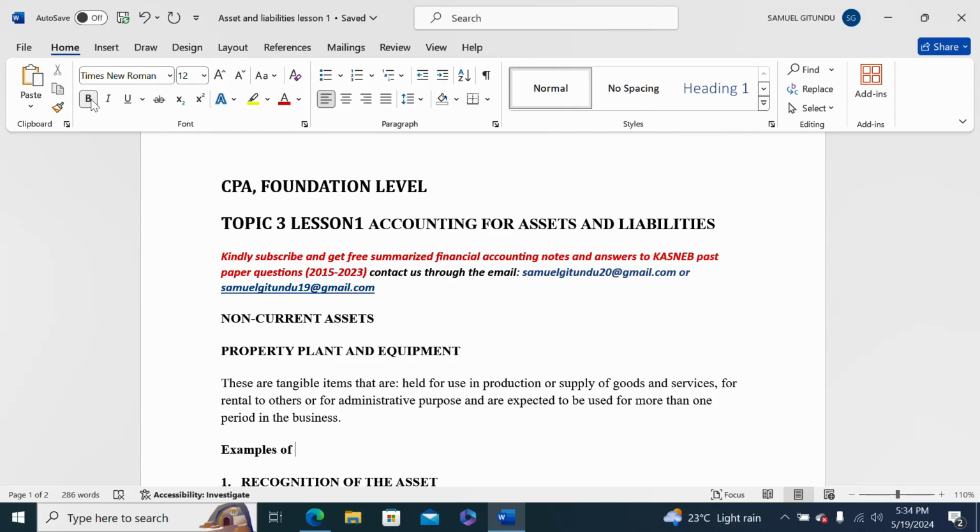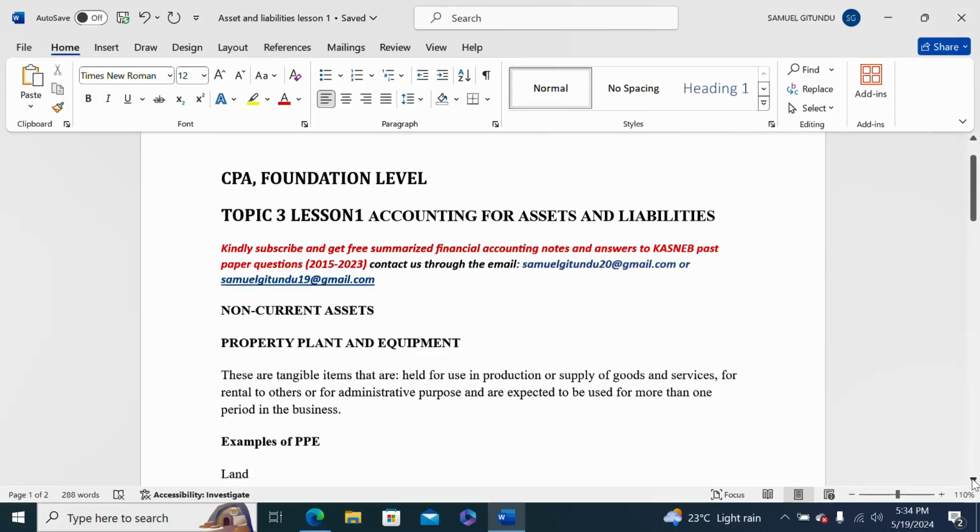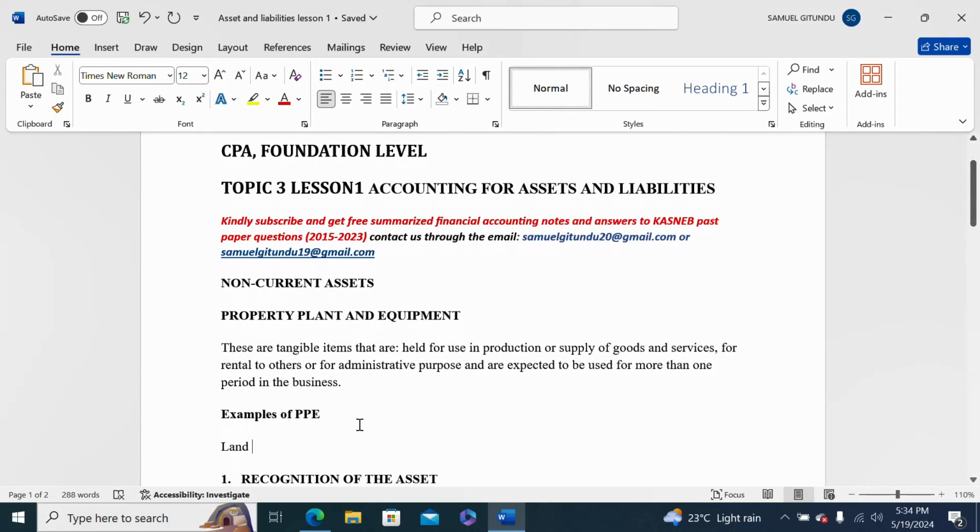Examples of this property, plant, and equipment which are classified as non-current asset. The first example is land. This is the land of the business where the business is being conducted. So, the land is an example of property, plant, and equipment.